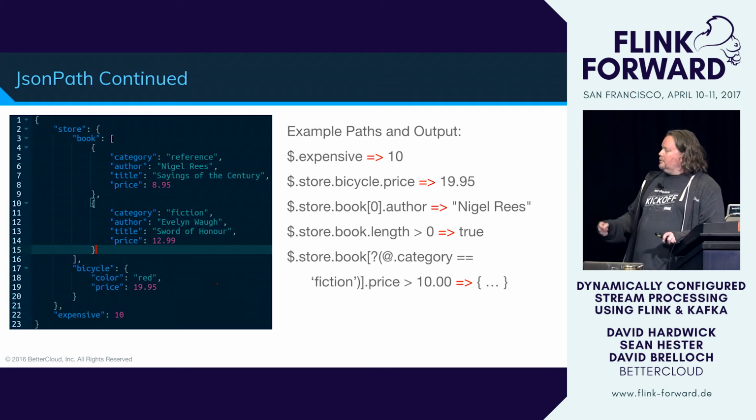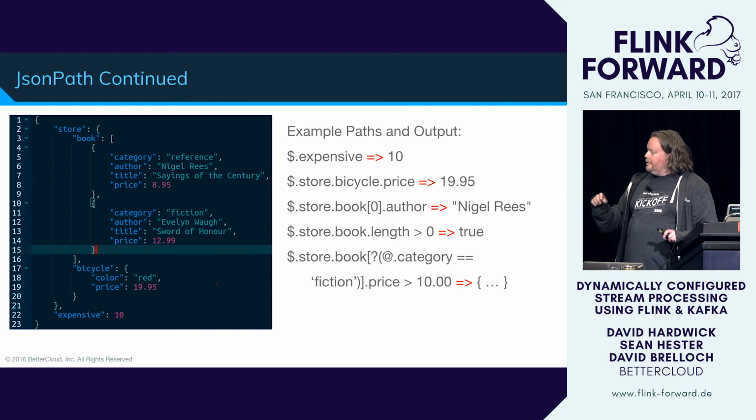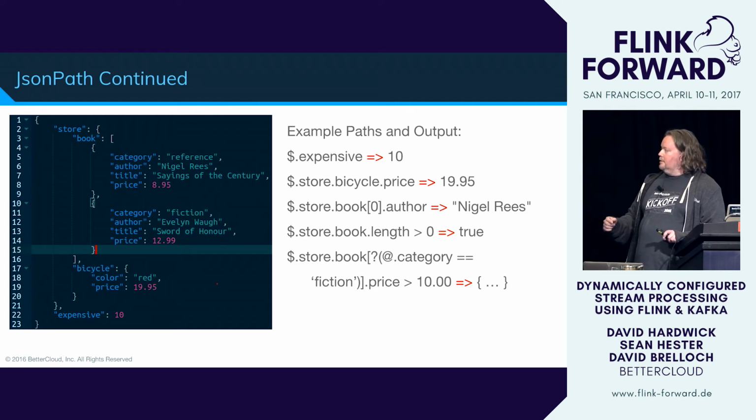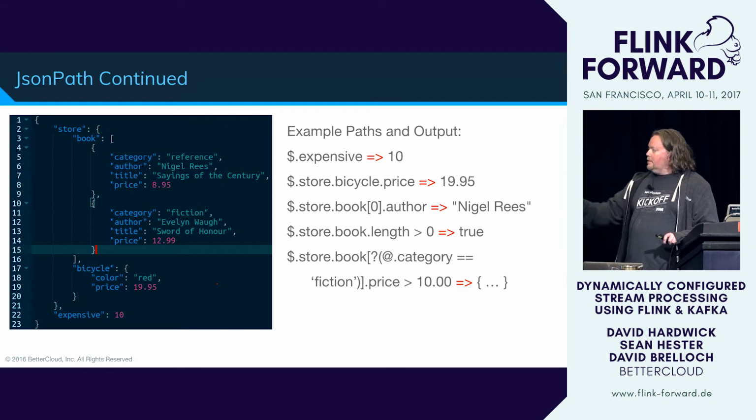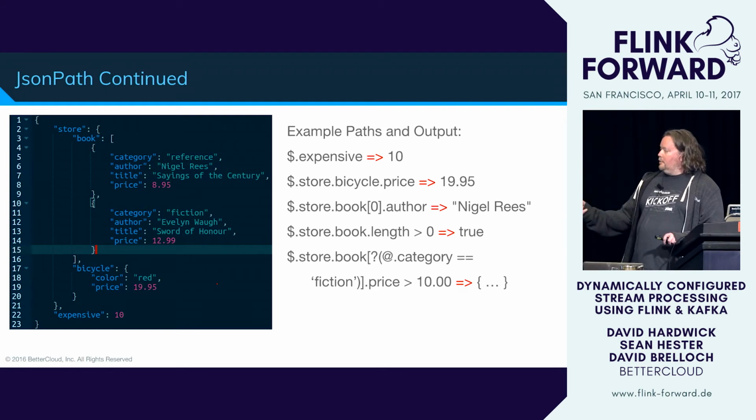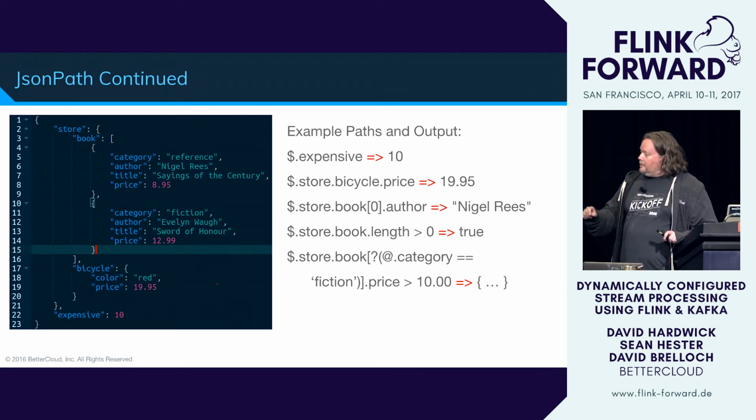In addition to just simple dot notation, you can see the third example there, store.book[0], indexes into the book array. And then it gets increasingly more complex from there. It supports a subset of the total JavaScript operators that are available. So we can test for the length of an array. And then you get really funky down the last one.